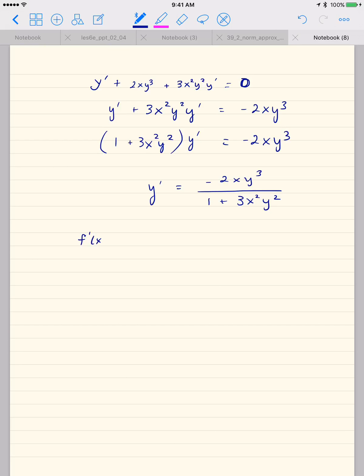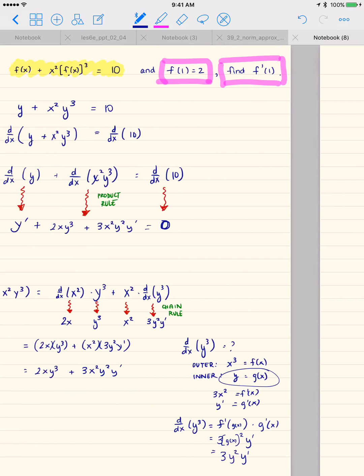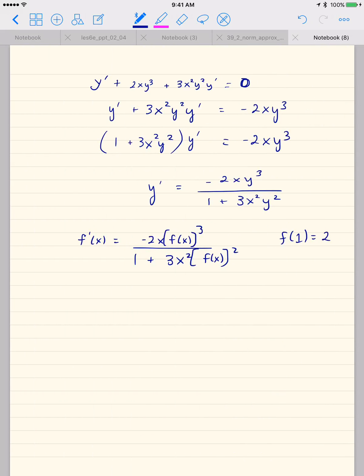So f prime of x is equal to negative 2x f of x cubed over 1 plus 3x squared f of x squared. And we know that f of 1 equals 2, and our goal is to find f prime of 1. We just plug it into here.